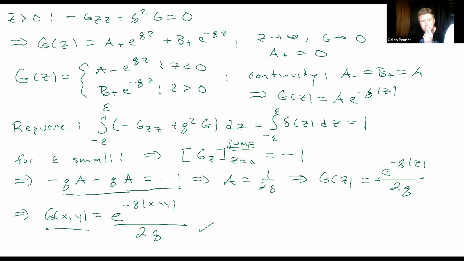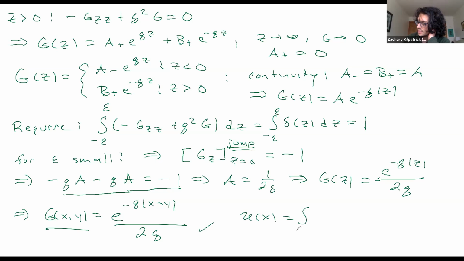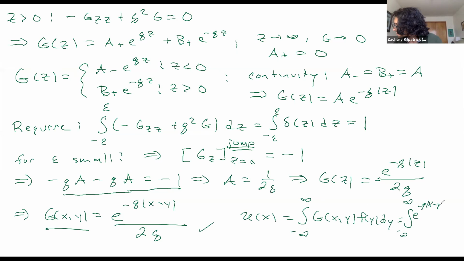Okay. The last thing I'll write is what is the general solution to the inhomogeneous problem. Well, remember, u of x is just going to be the integral over our domain of g of x, y, f of y, dy, which in this case is going to be e to the minus q absolute value of x minus y, f of y over 2q, integrated with respect to y.